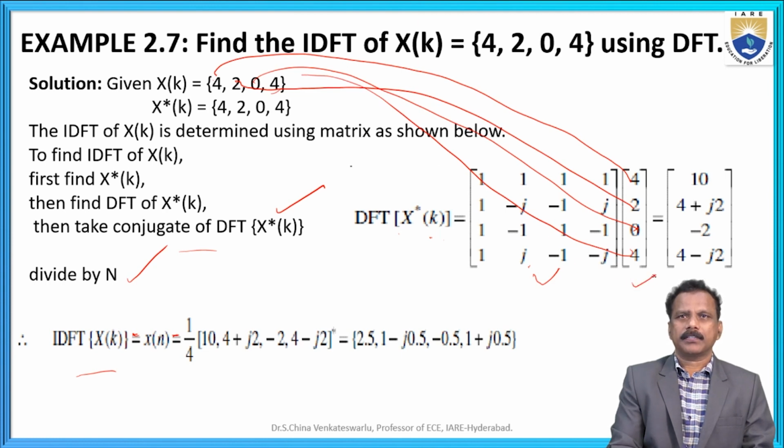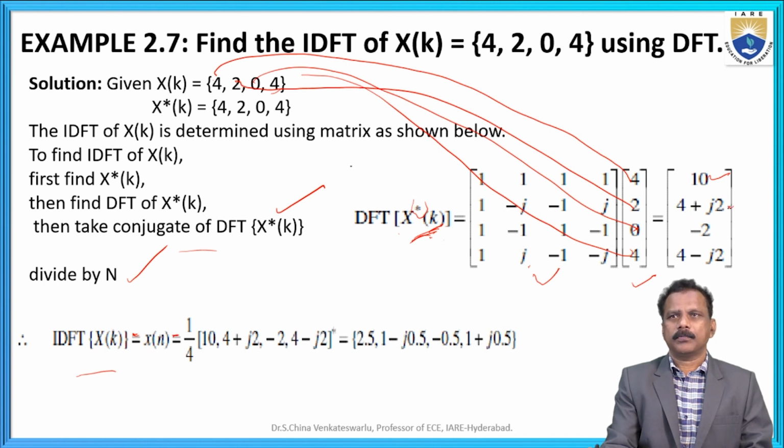After multiplying this using the x conjugate of k, we get 10, 4 plus j2, minus 2, 4 minus j2, like this, divided by n.